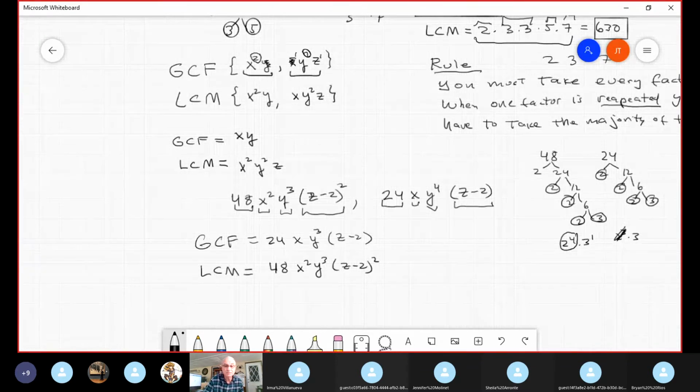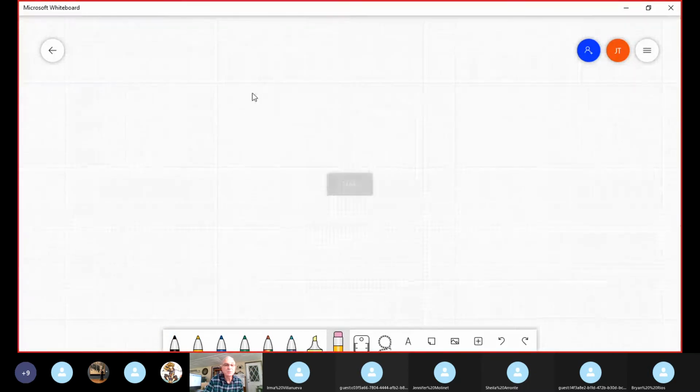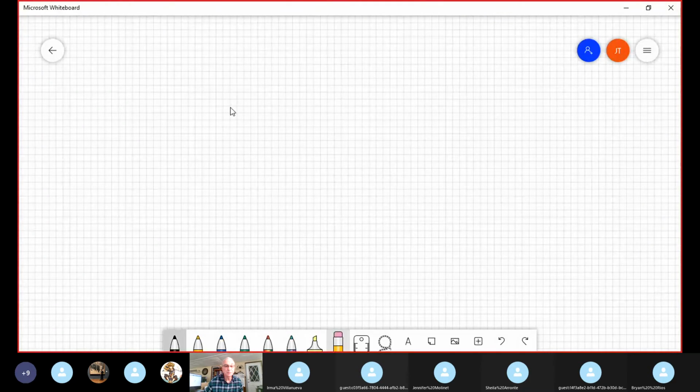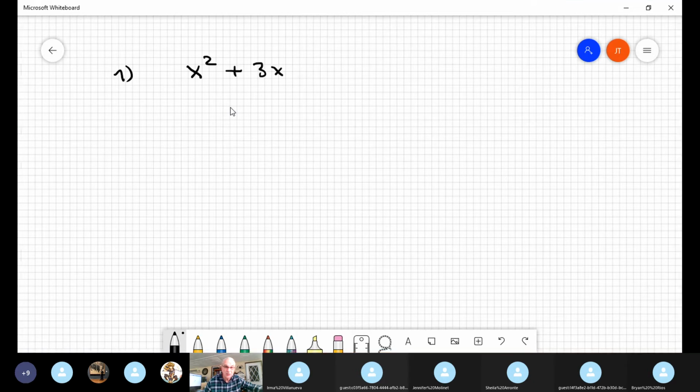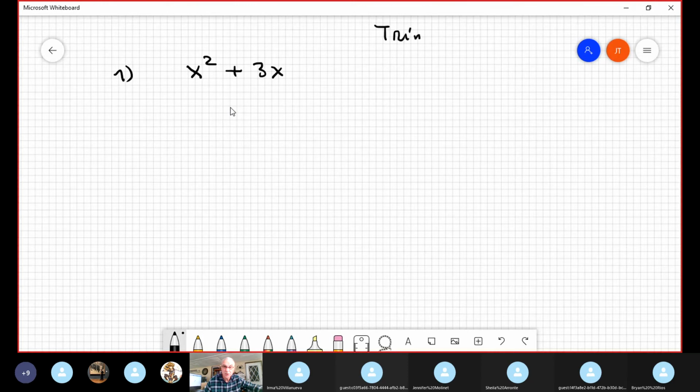Question one. Question one of our package is division. Question one is, you have a trinomial. Do you understand the reason it's a trinomial? It's an algebraic expression that contains three terms. 1, 2, 3, trinomial.